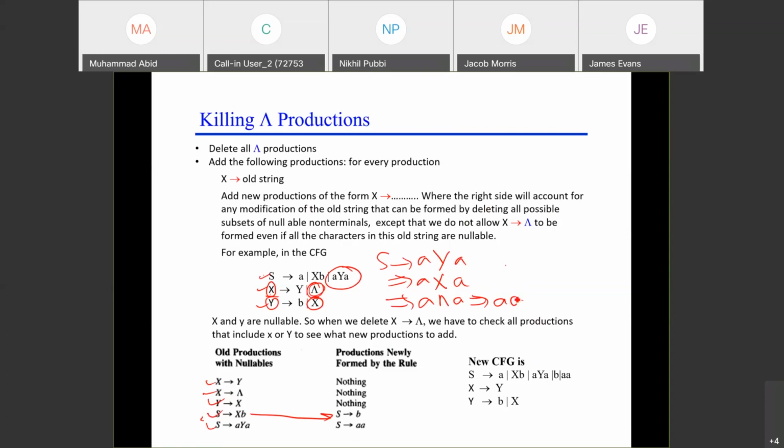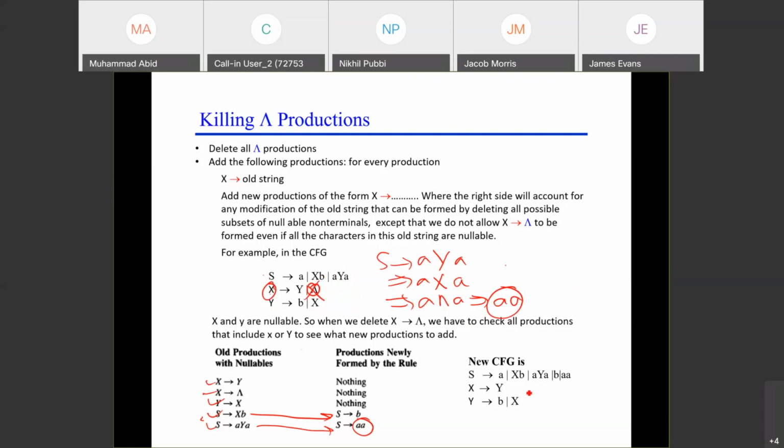So you will have A here. When you have this production rule, you can generate this word, so you need to add it. It will not be possible if you delete this lambda production, so you are not able to generate this AA. Okay. So now we need to delete this production rule.